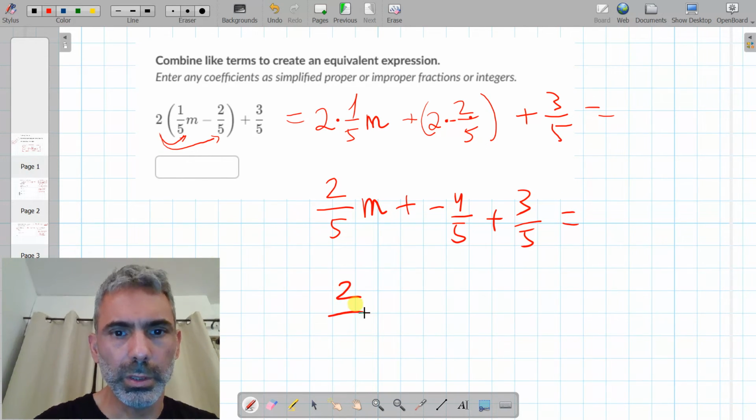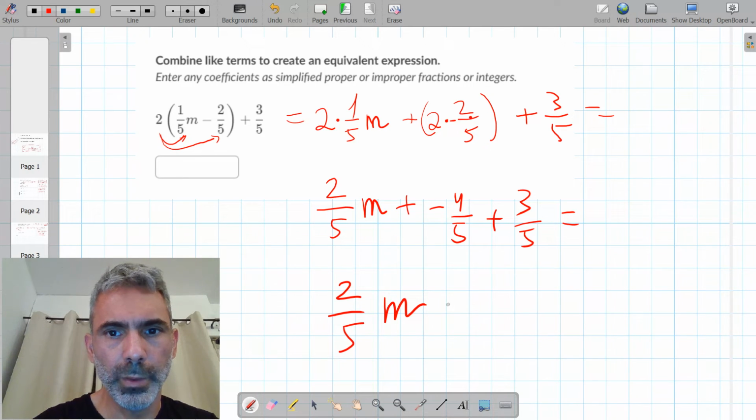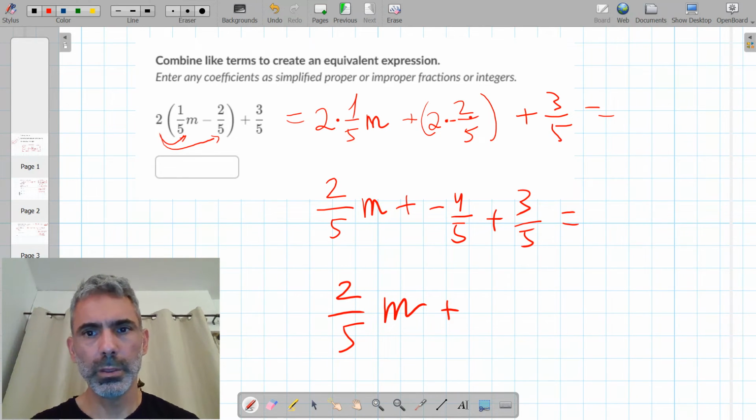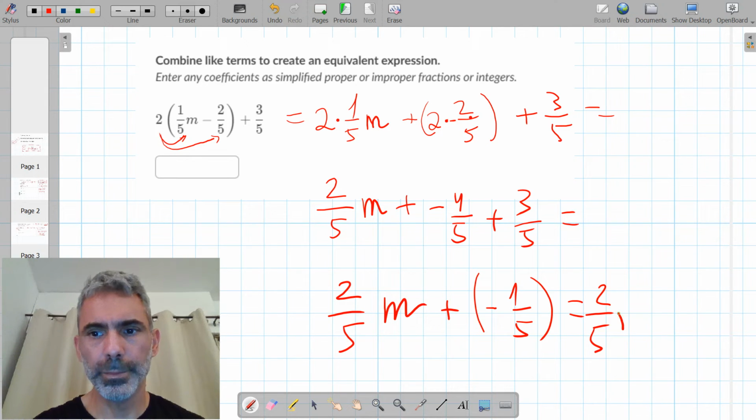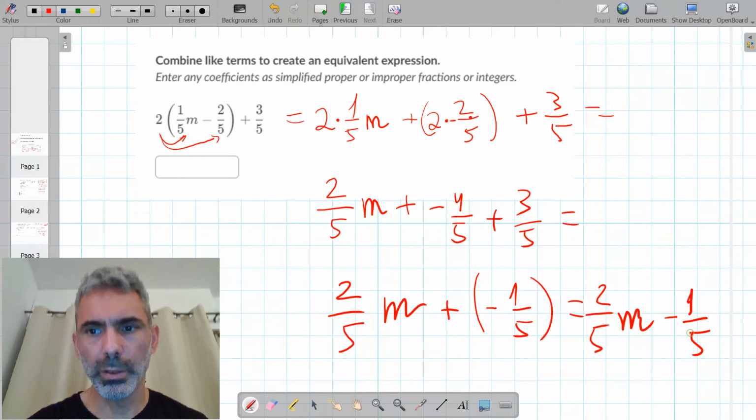So this is 2/5 m plus negative 1/5, which is the same thing as 2/5 m minus 1/5.